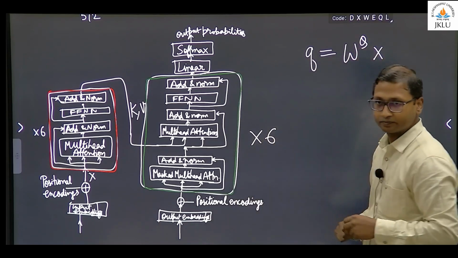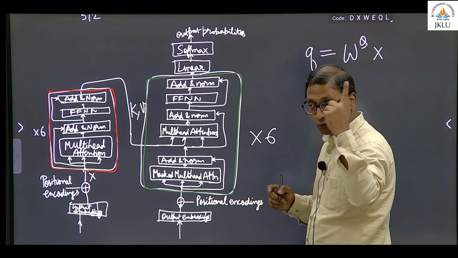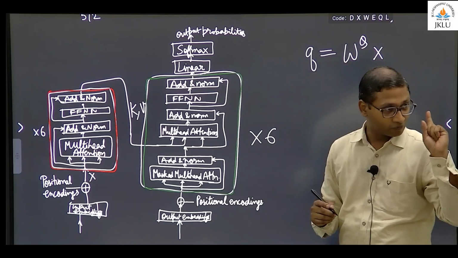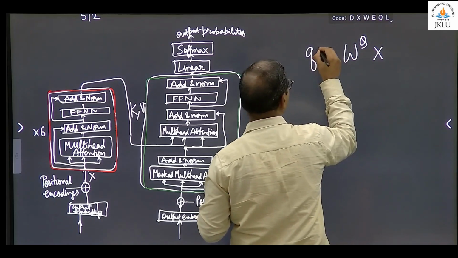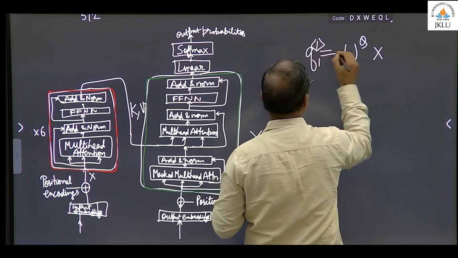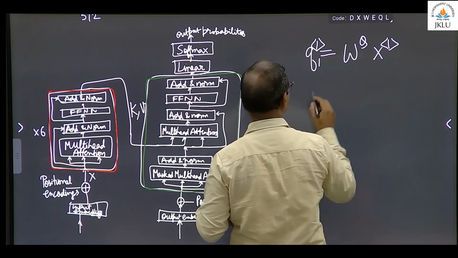WQX. Since I am talking about Q1 for the Q vector for the first one, let me call it just Q1, and actually these are these guys. So let me just keep it that way.